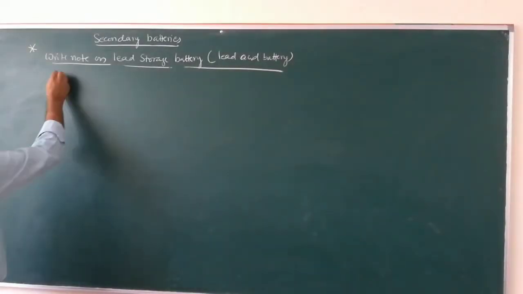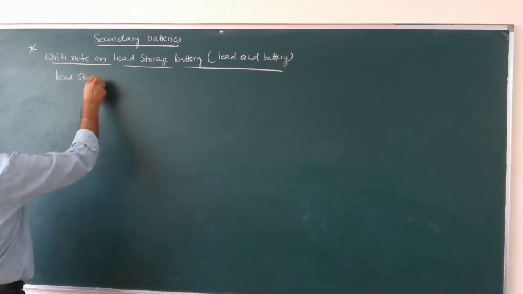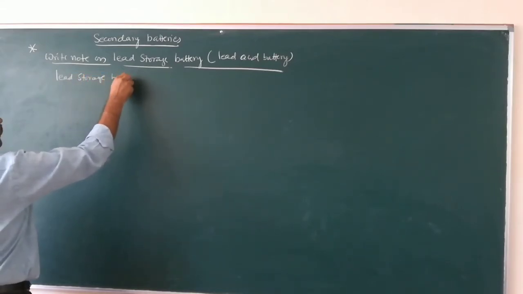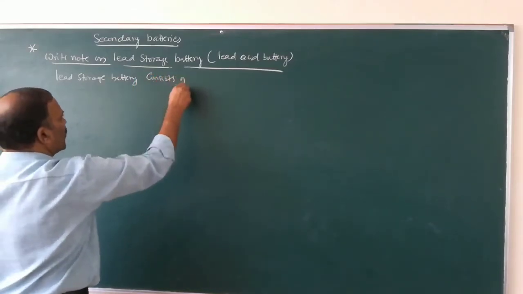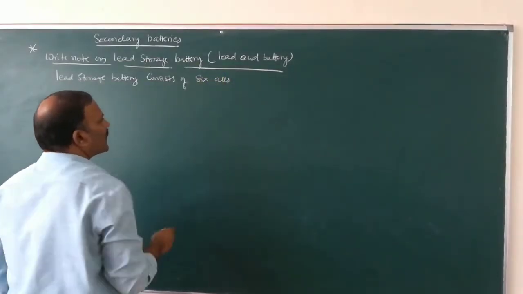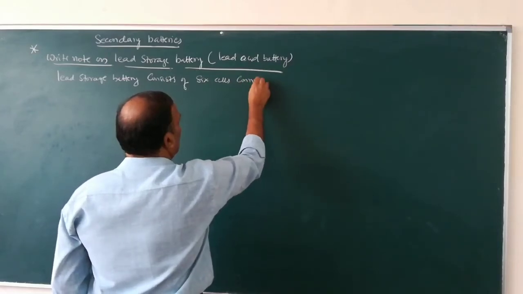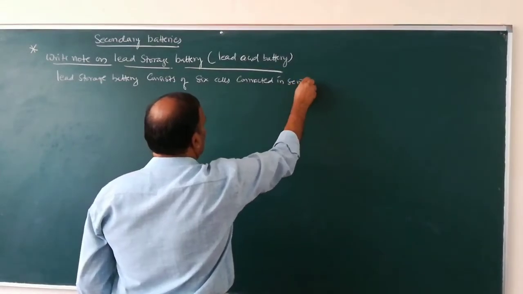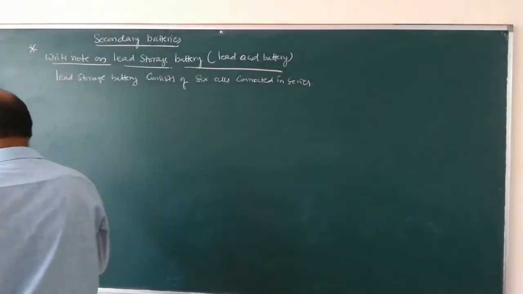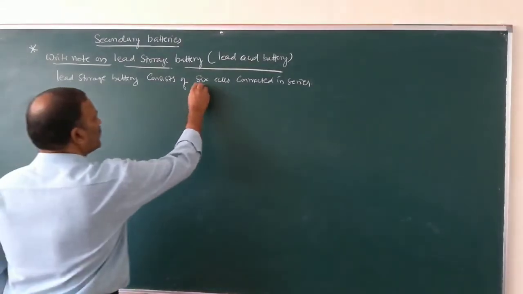So lead storage battery consists of 6 cells connected in series. So this battery consists of 6 cells connected in series.